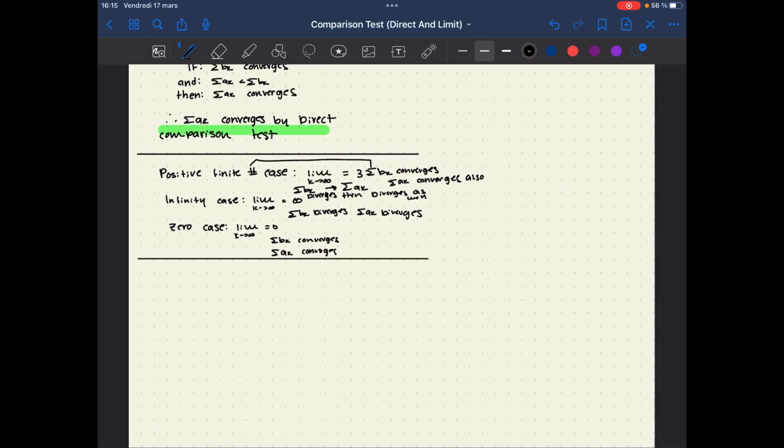Okay, now let's go to one that actually uses these cases. Let's start with the simpler looking one.